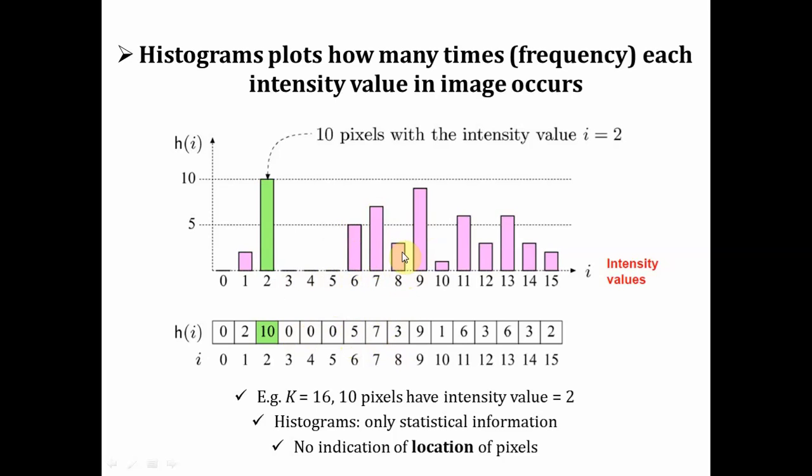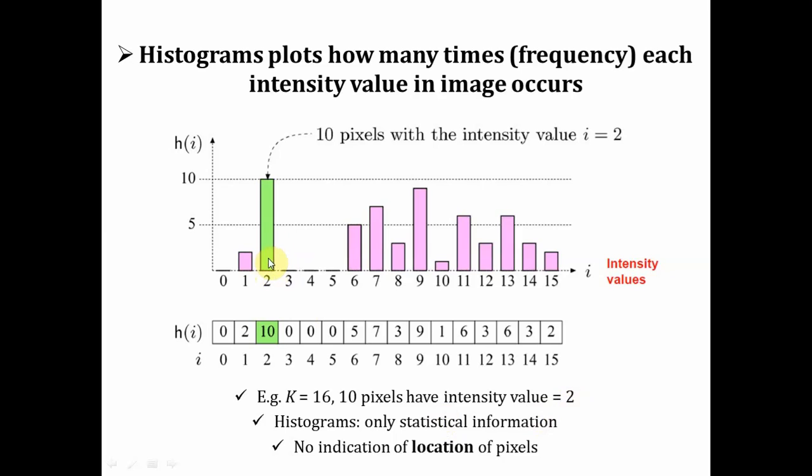Then 8 repeats 3 times, 9 repeats 9 times, then 10, 11, 12, 13, 14, 15, up to L minus 1 level, or the number of gray levels. You can actually plot a histogram for each and every gray level value. Here in this example we are considering levels as 16, and 10 pixels have the gray level value 2.